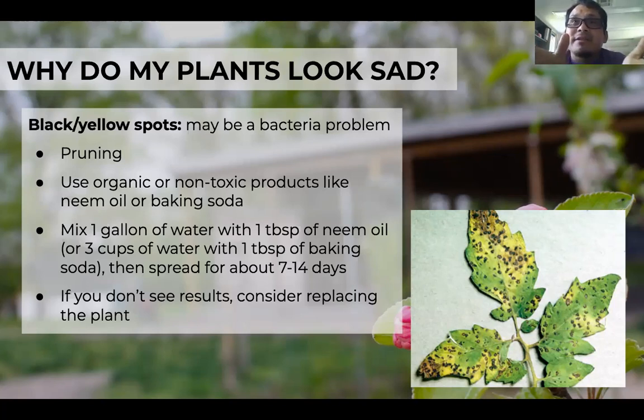And this is something you have to do every day for 7 to 14 days, especially in the morning. So if you don't see any results after 7 to 14 days, you should probably reconsider and replace the plant. If it's not too late in the season, you may just put in another plant. But if you're already late in the season, maybe just consider doing it for next year.